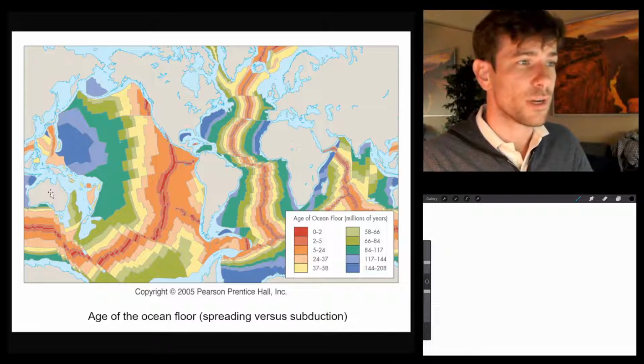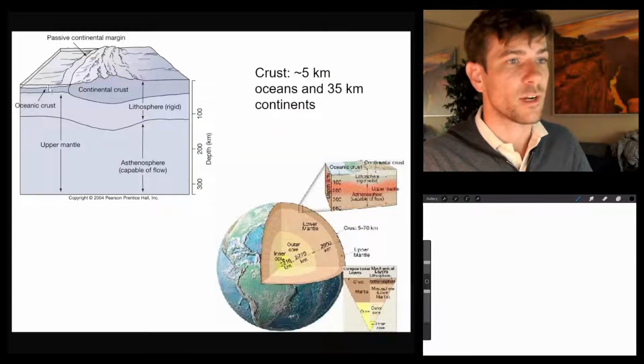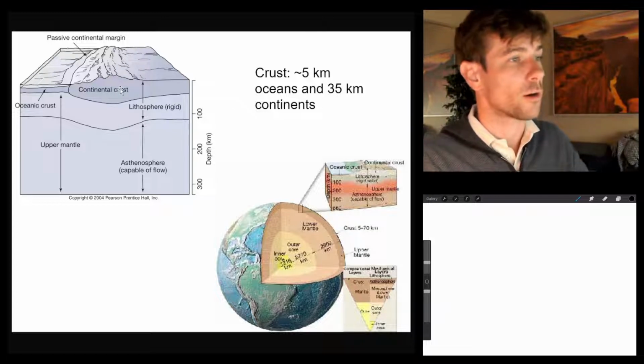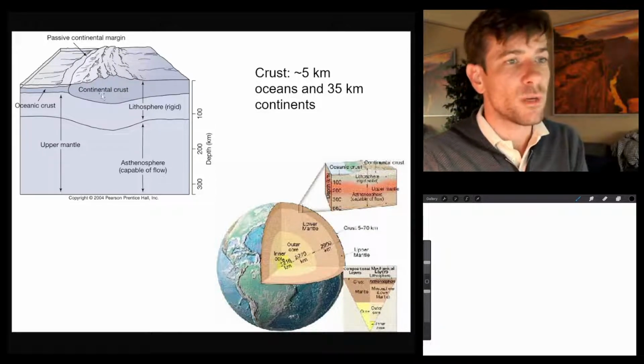So that's really different, right? Why is there not really old ocean crust, but there is really old continental crust? Well, the answer is because the density is different, and ocean crust is dense enough that it can be forced back into the Earth's interior, whereas continental crust is not. It's like taking a balloon and trying to put it underwater. It'll just come right back to the top. And so continental crust accumulates.